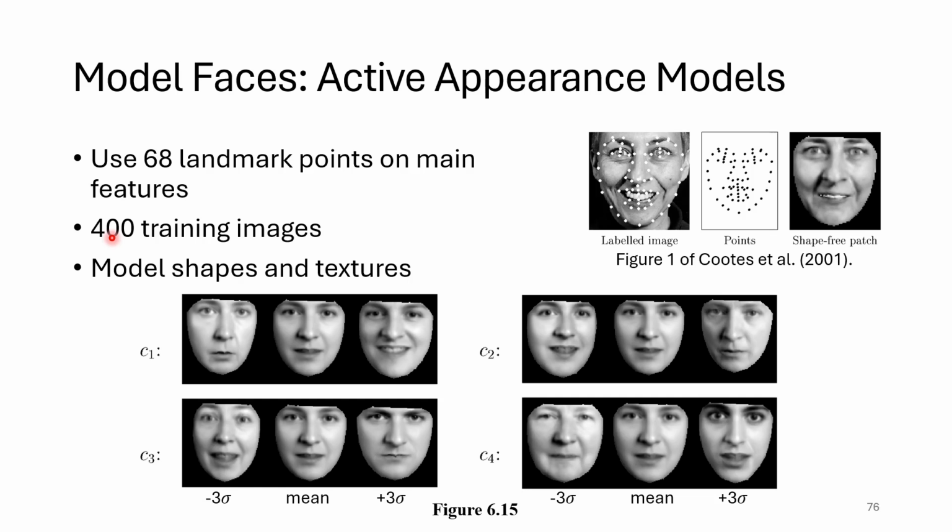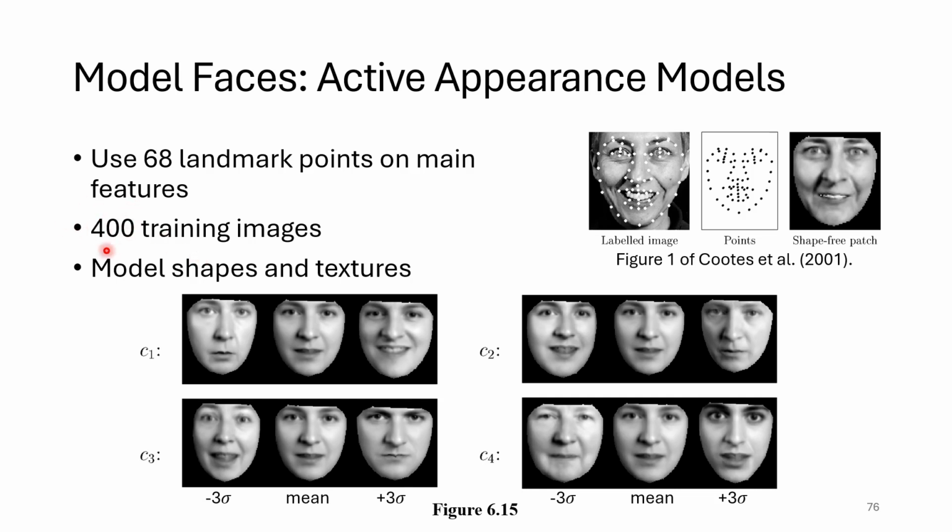So what can they do? Suppose they have only 420 images. They can find the principal components, or the most significant directions, among the 420 images.